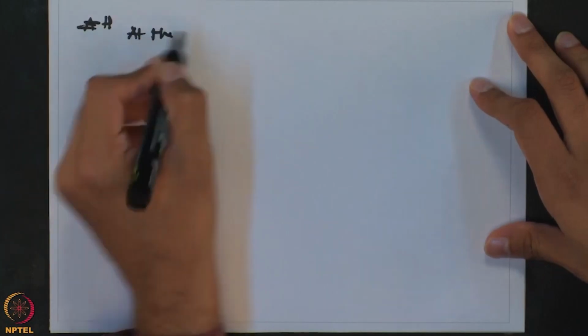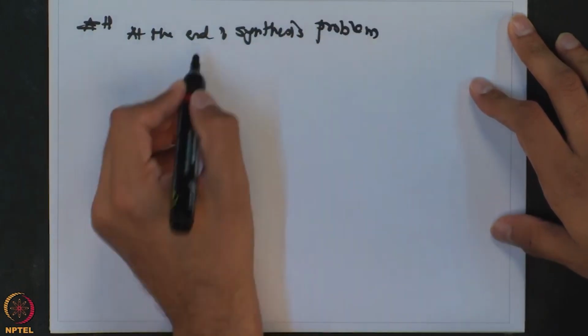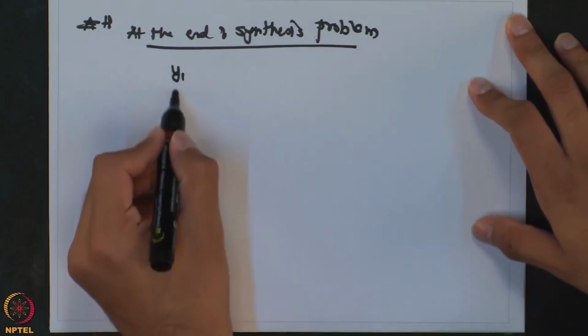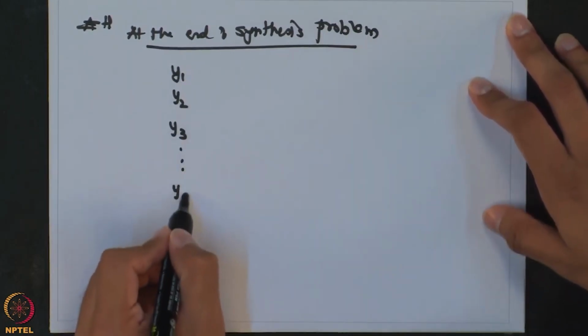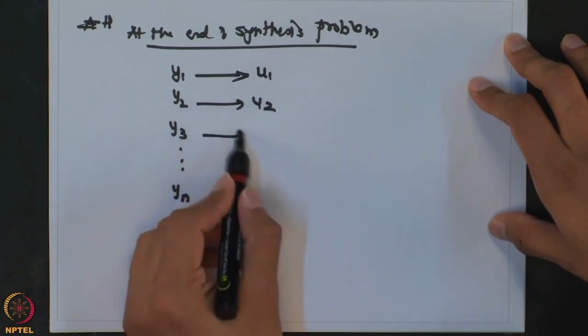So at the end of this synthesis problem, what you have is a number of different controllers, and each of those controllers, within the domain of this particular course, we have these different controlled variables, and then we have mapped them to a particular input.